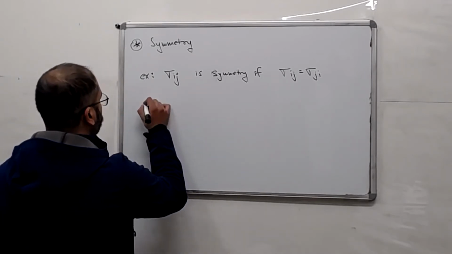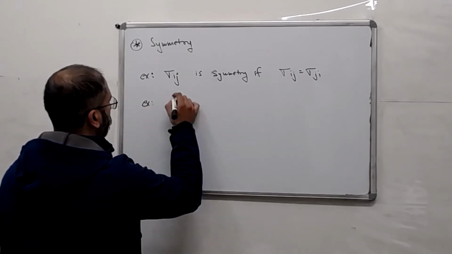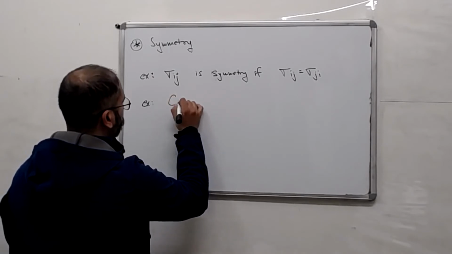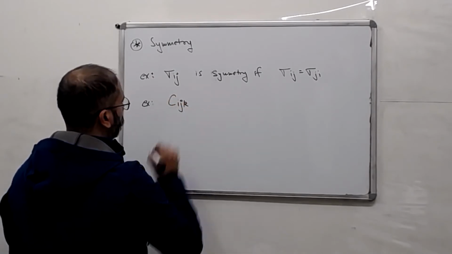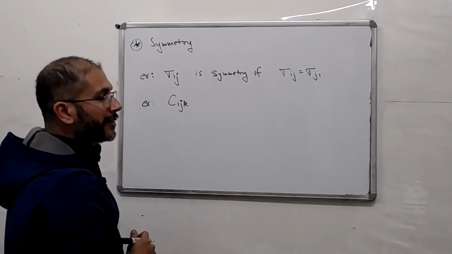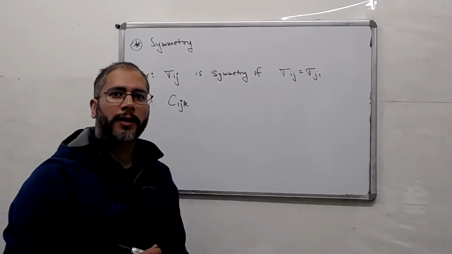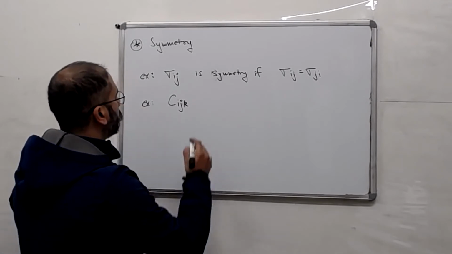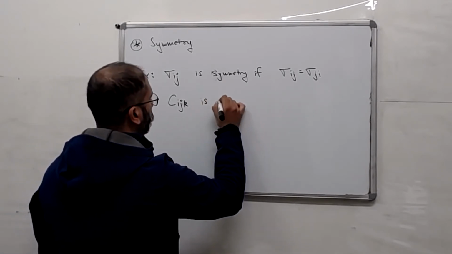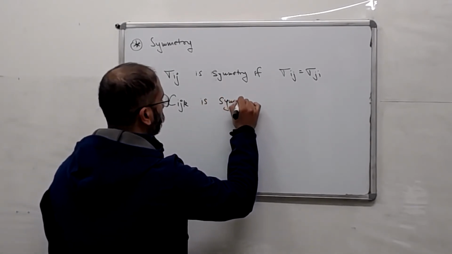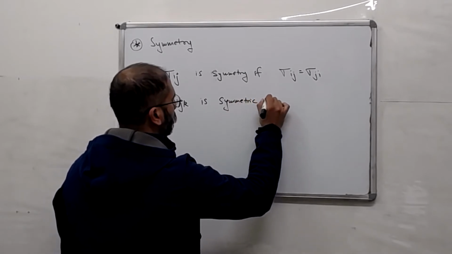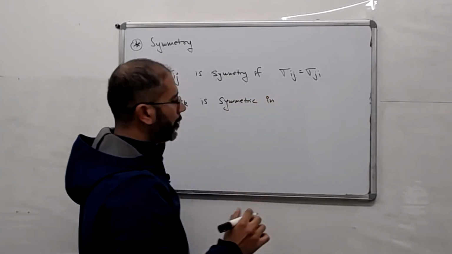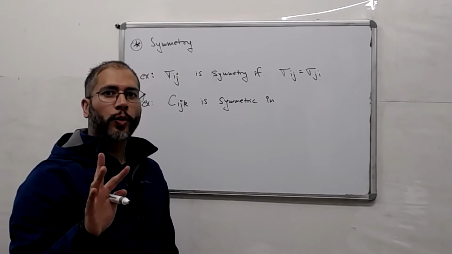But if you have an object, let's say C, which is a third order tensor, Cijk, how do you talk about the symmetry in this case? For this we have to talk about symmetry in two indices.